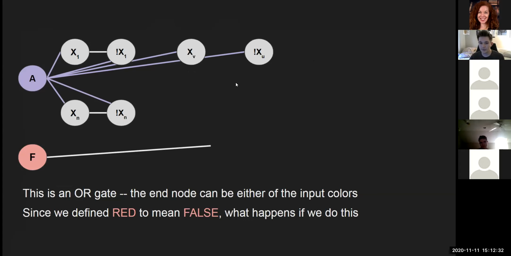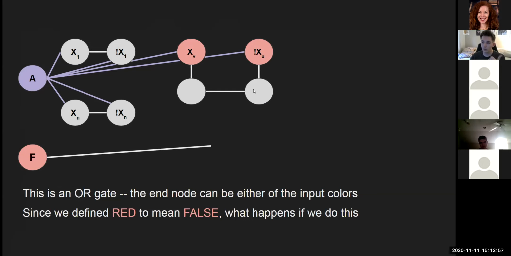In fact, not xu. And what we're going to do is create nodes coming off of each of these, right? So those won't be able to have the same colors as each of these. And then we're going to connect them together so they can't have the same colors as each other. So if we have them both be red, then we know that this one could only ever be purple or green, and same with this one.